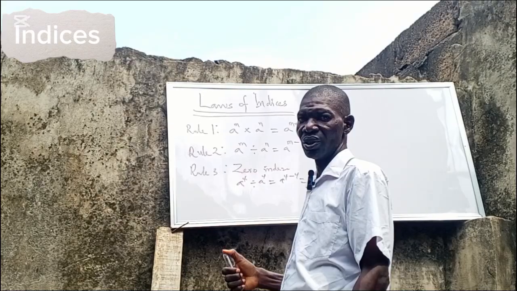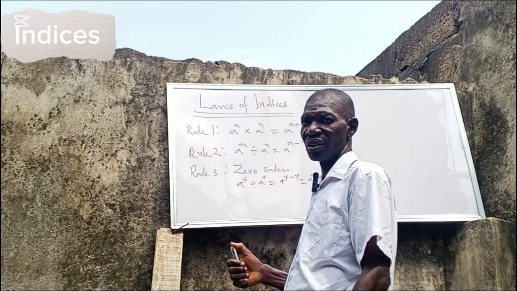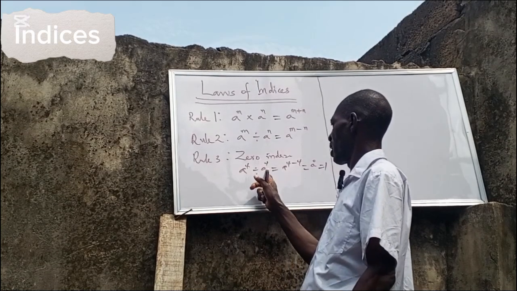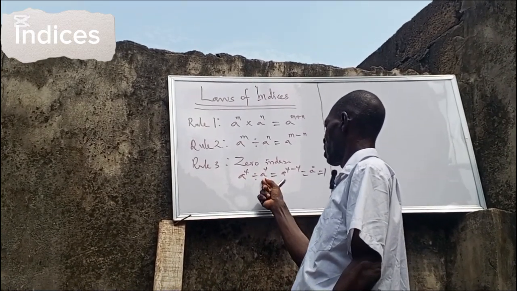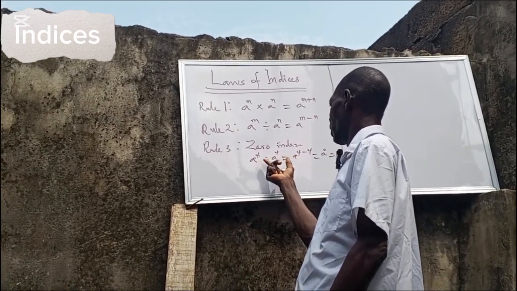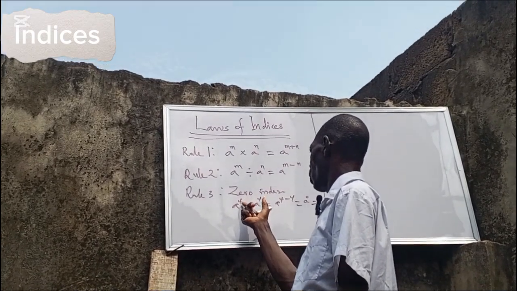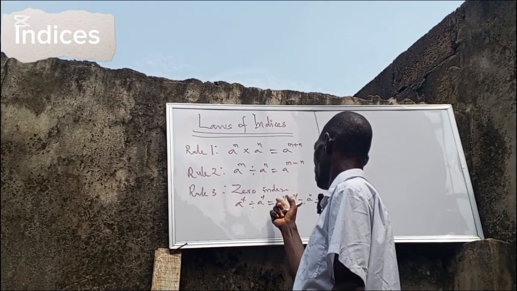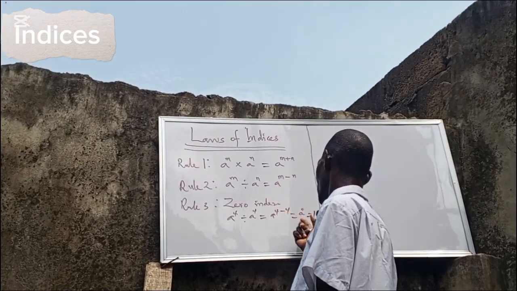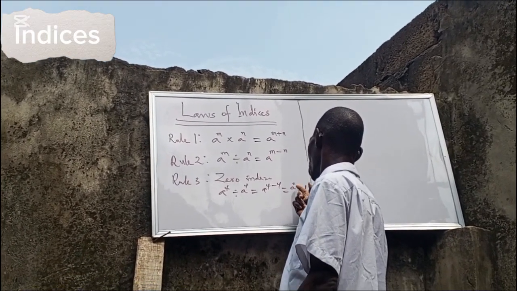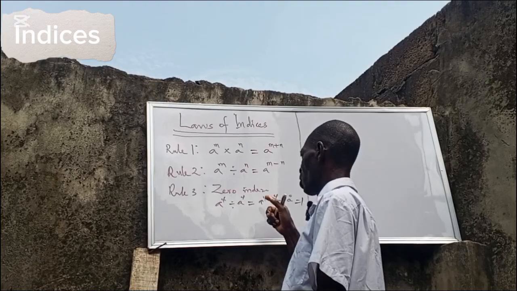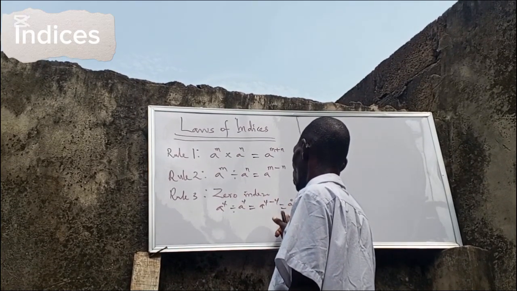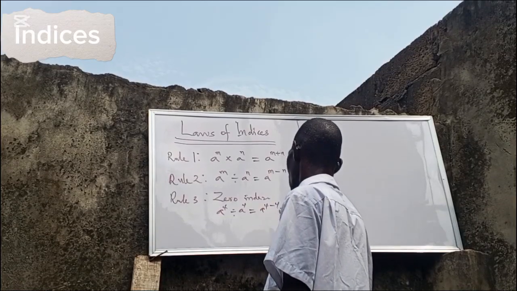So when you have the same base like this, what you are going to do is to subtract the second index from the first, which is 4 minus 4, that is 0. So you have A raised to power 0 is equal to 1. So anything raised to power 0 under the law of indices is 1.